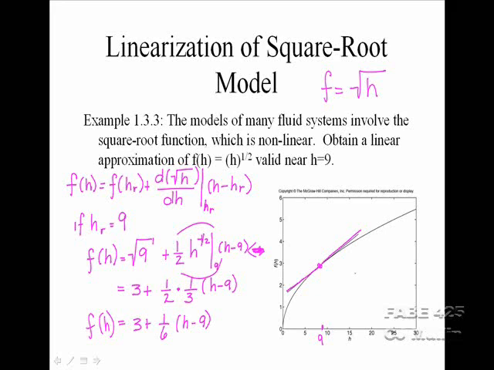If I'd asked you to come up with a linear approximation that was valid near, let's say, the point 25, I would be asking you for a line that approximates right about there, and we would have just evaluated this at h equal to 25 instead of calculating it at 9. So that's the Taylor series approximation.